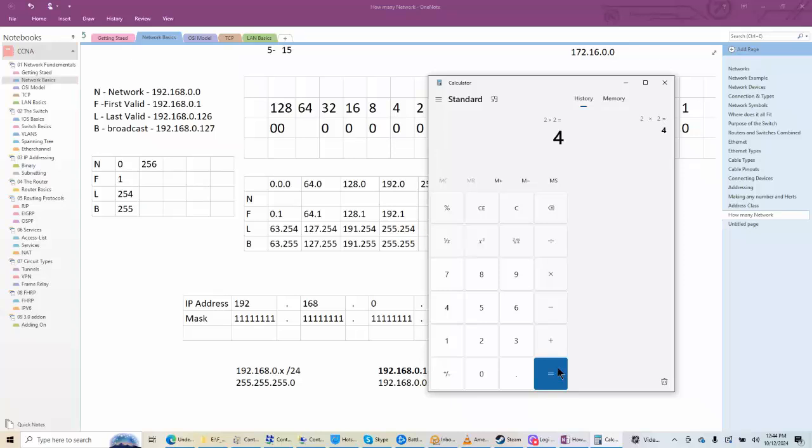There's 2 bits. So 1, 2, 3, 4, 5, 6, 7, 8, 9, 10, 11, 12, 13, 14, 15, 16, 17, 18, 19, 20, 21, 22, 23, 24. That's 24, so that doesn't even come out to be the same number.